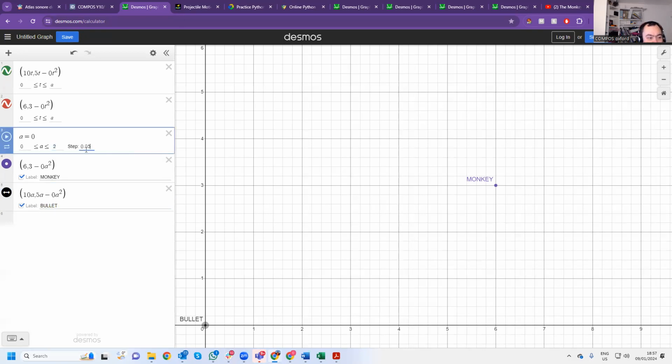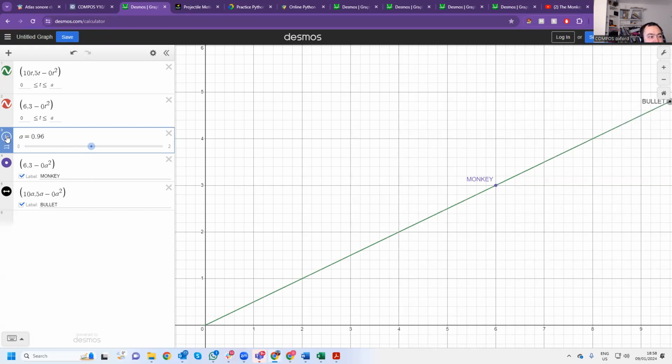Right, so step 0.02. Animation. And you can see that the bullet hits the monkey. So we are aiming the bullet directly at the monkey, but there's no gravity, so the bullet hits the monkey.